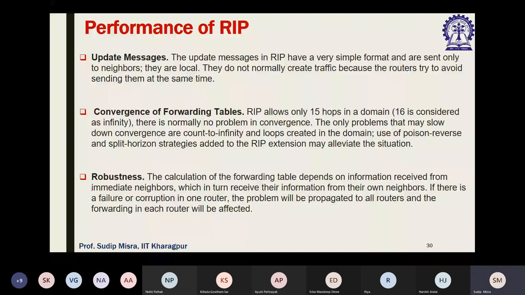And as I was telling you, a maximum of 15 hops are supported in a particular domain, and a few other parameters like robustness. So these are the salient features of this routing information protocol. Any question?